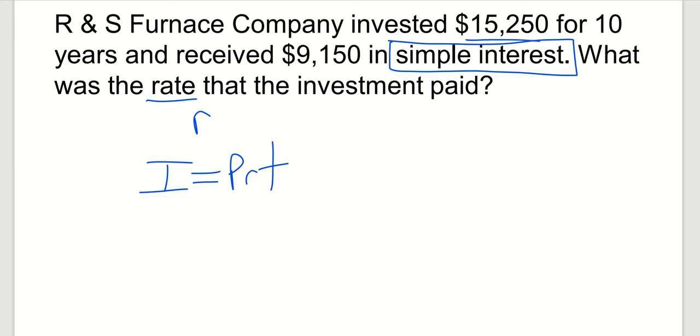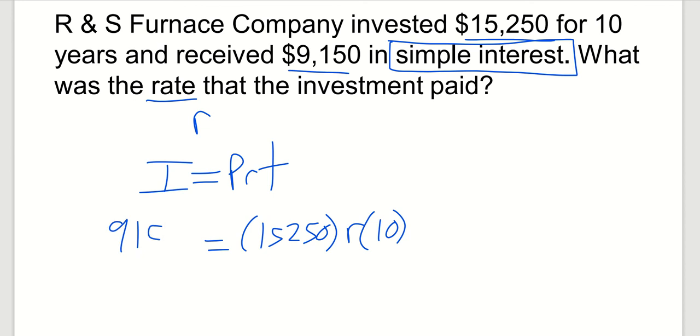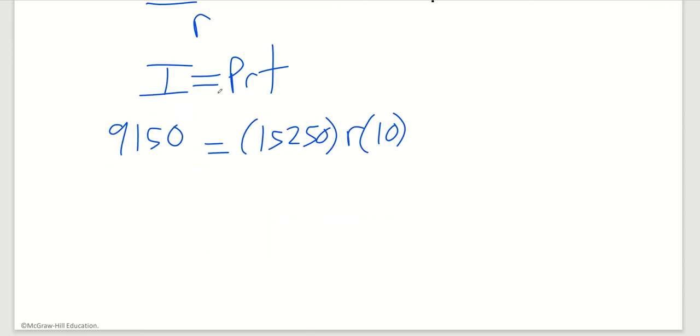So we know how much they invested. That's going to be the principal amount. So the principal is $15,250. We don't know R. I'm going to leave it like that. We know that it was invested for 10 years, so T is 10. And the amount of interest they received was $9,150.